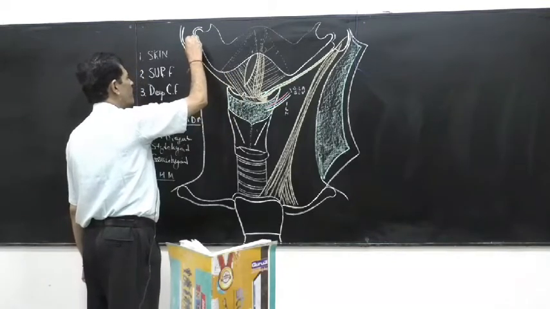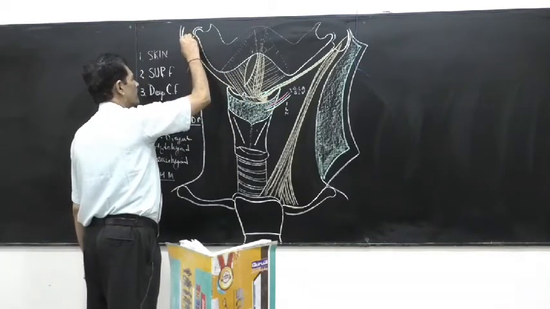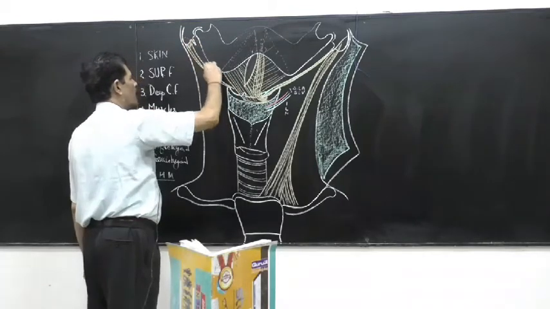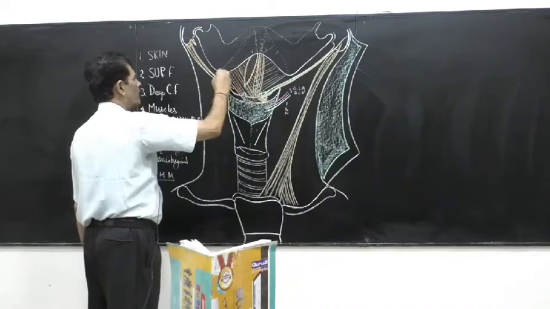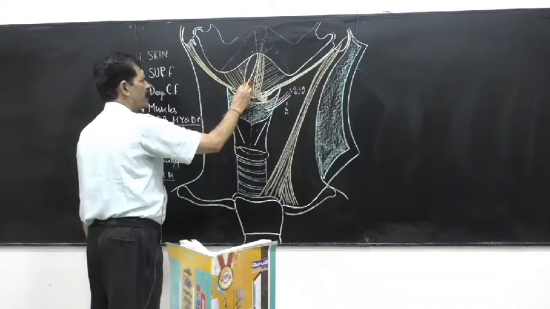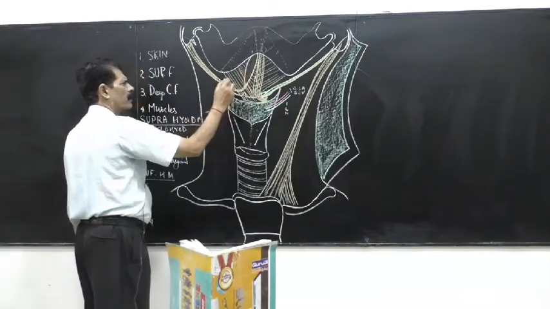Di means two. Their tendon is intermediate, so the insertion is one on the other.